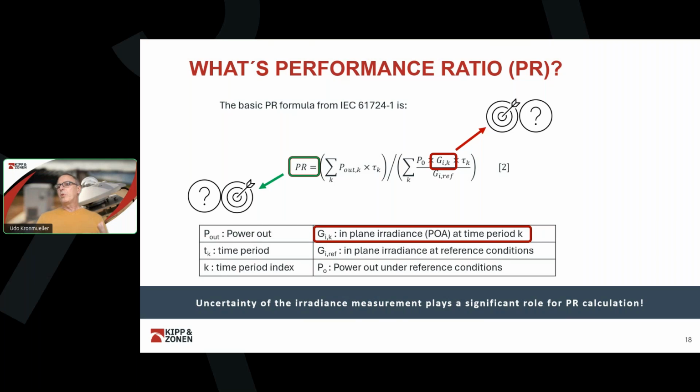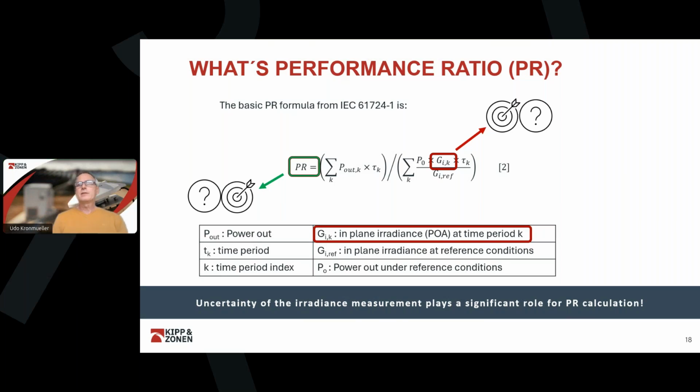So the more important and accurate the performance calculation is for your business model, the lower the uncertainty of the irradiance measurement, or the uncertainty of the pyranometer, needs to be. So that's pretty clear.